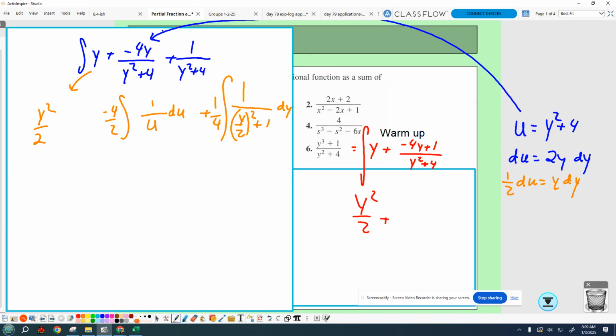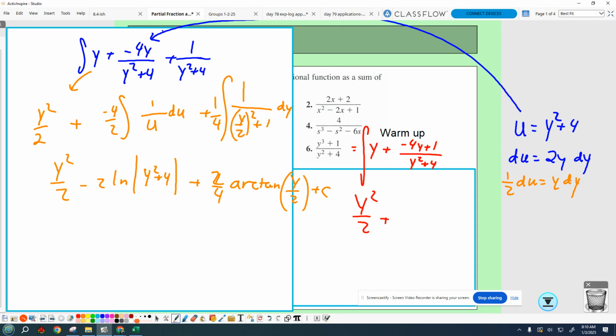And if I divide out that 4, bring it all the way out, we get y squared over 2 minus 2 natural log y squared plus 4, with or without the absolute value.